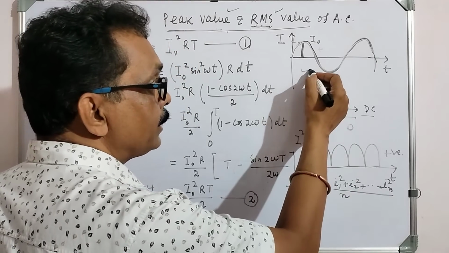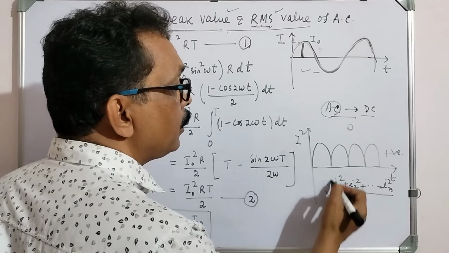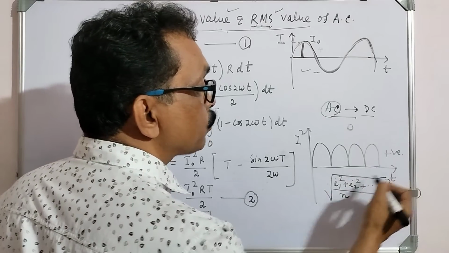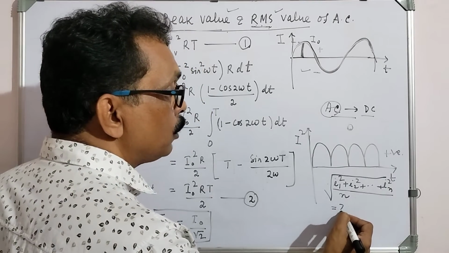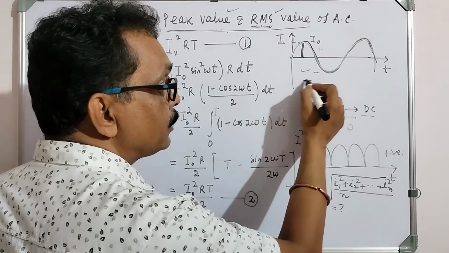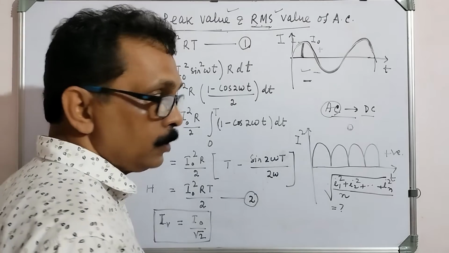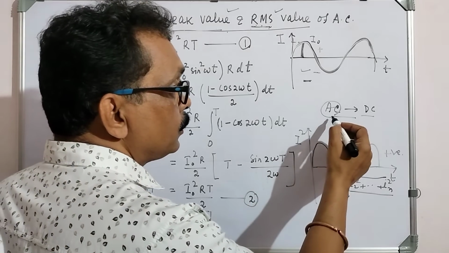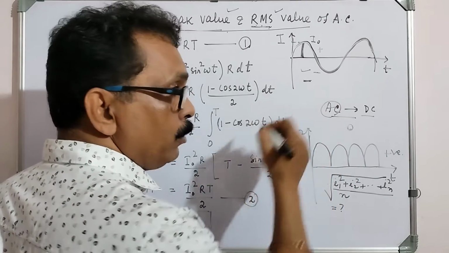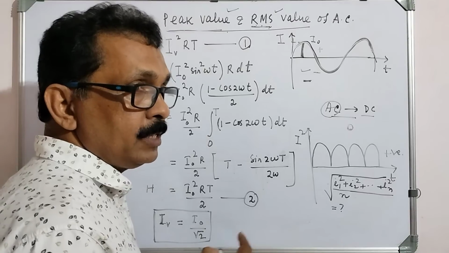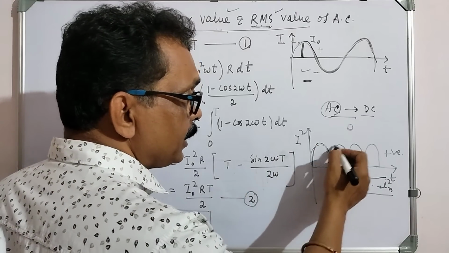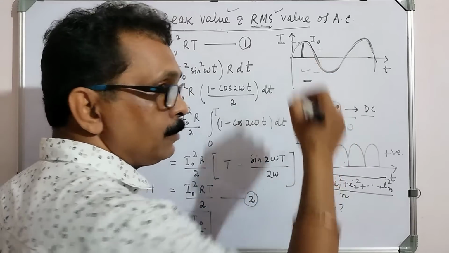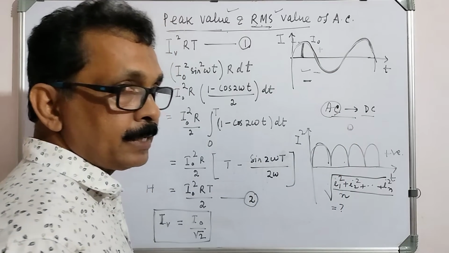But we need the average. If you take the square root of this mean square, then this value will be equal or nearly equal to the average value of AC. So if we want to find out the average value of AC, this is a trick to find out the average value of AC in electrical instruments.